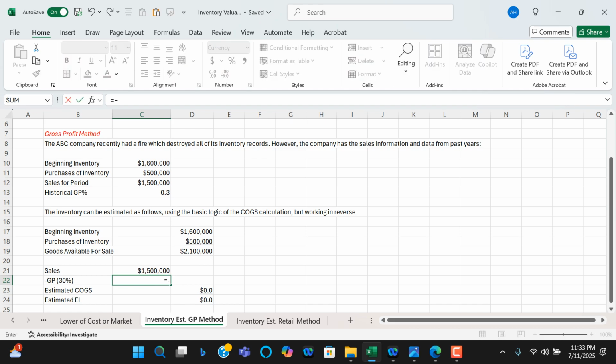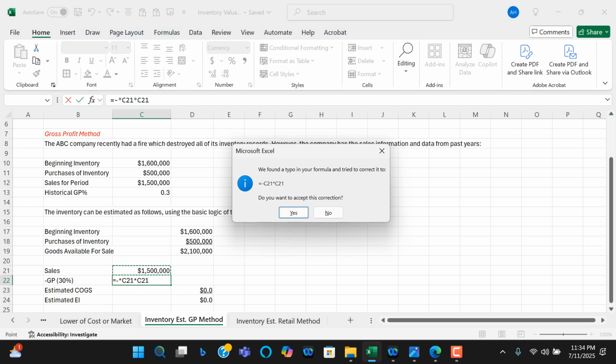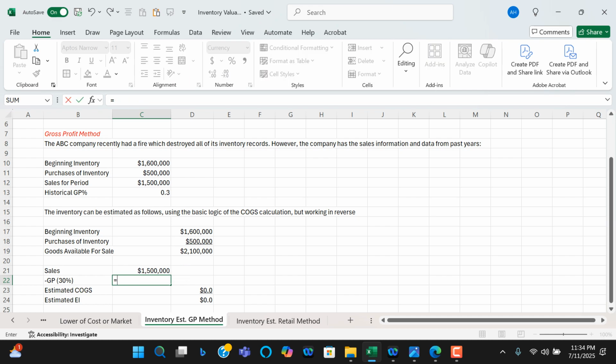So we take out 30% of their sales. Sales are 1.5 million, and we're going to take out the gross profit from the sales, so let's just take this times 0.3, and then we'll put a minus sign in front of it.